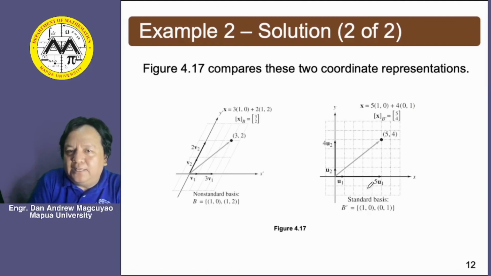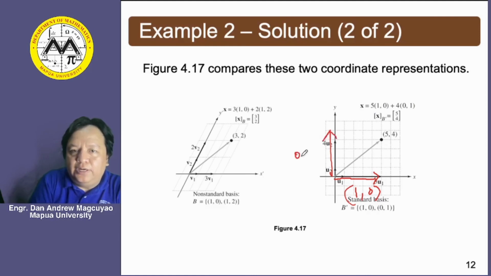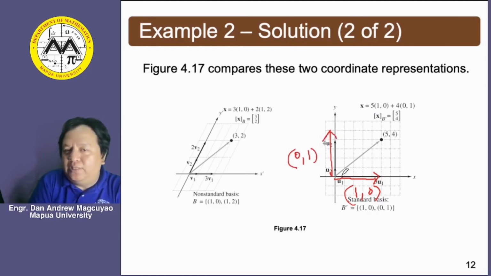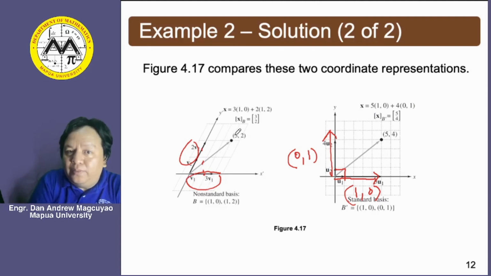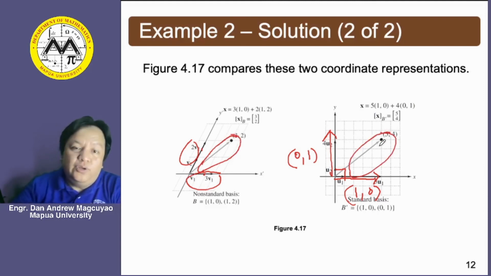The standard basis is 1, 0 and 0, 1, so the vectors are orthogonal, perpendicular to one another. But in this case, your first vector can be 1, 0, but the second vector is inclined. So the resulting vector is still looking the same.